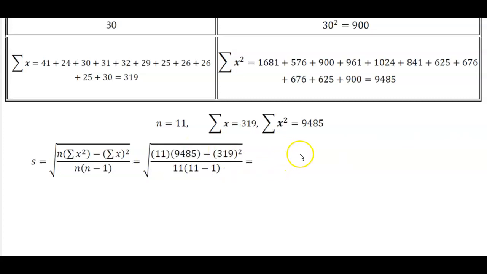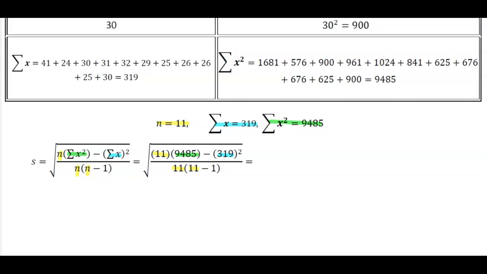Filling in our information, we know that n is equal to 11, so all the n's are 11. The sum of x squared is equal to 9,485, and the sum of the ages is 319, which we want to square.